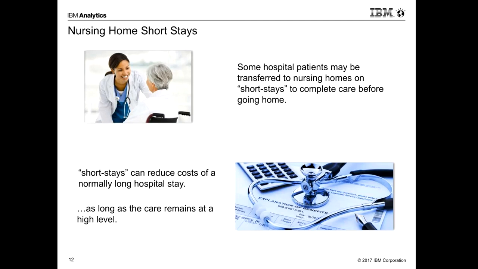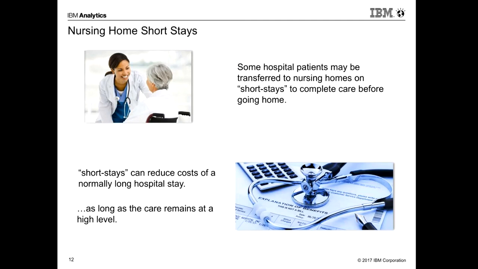So the data that I have in particular reports on individual nursing homes and events related to short home stays. It identifies events where the patient was sent home without any problems, which is a good thing. But it also identifies where you have a situation where the patient had to be readmitted due to issues that maybe occurred at the nursing home, or maybe an unscheduled outpatient ER visit.